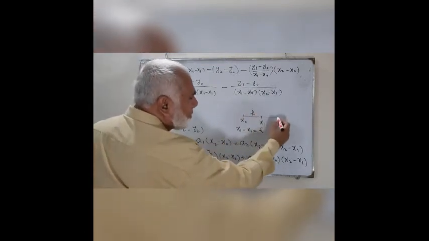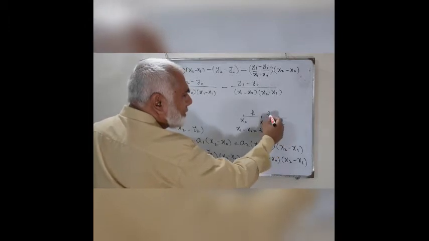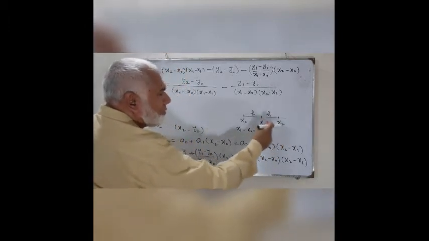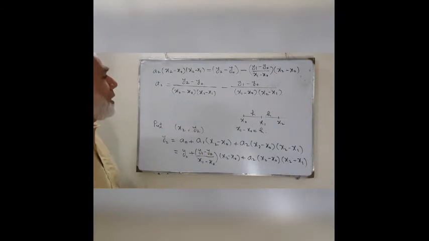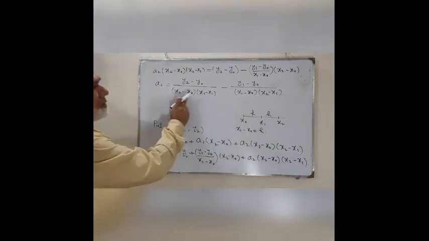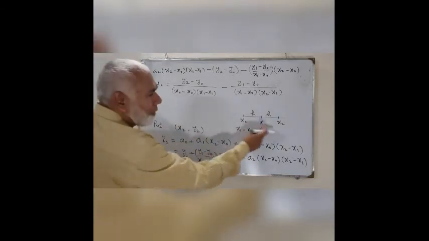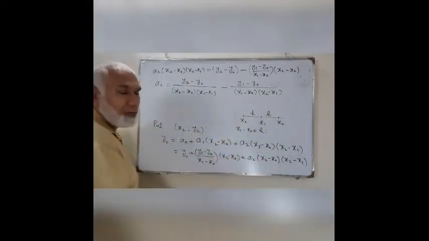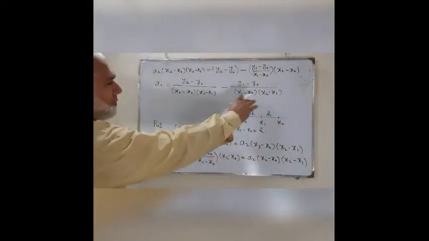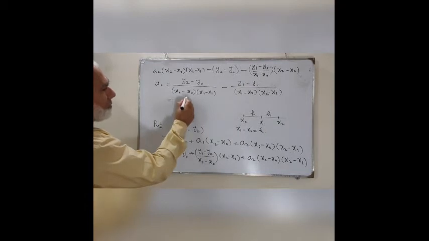Similarly, x2 to x1, there is another increment, and the difference of these two can also be replaced by h only. And in moving from x0 to x2, from this point to this point, we are giving 2 times increment of h. So accordingly, I am going to replace all these terms with h.